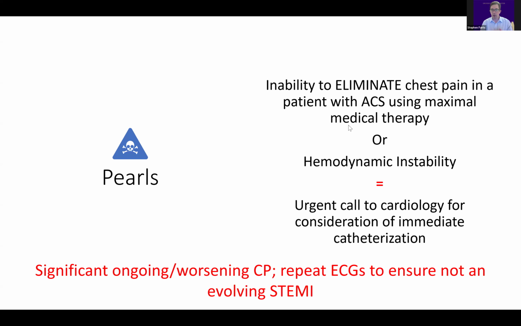If you want to make sure that there is no STEMI and RV infarction, you can do a posterior ECG or a lateral ECG, which means you're just wrapping the ECG leads around the left chest and the left back under the scapula. And if you see ST elevations out there, then you have a lateral or posterior MI. That's pretty uncommon, but it's something to think about.